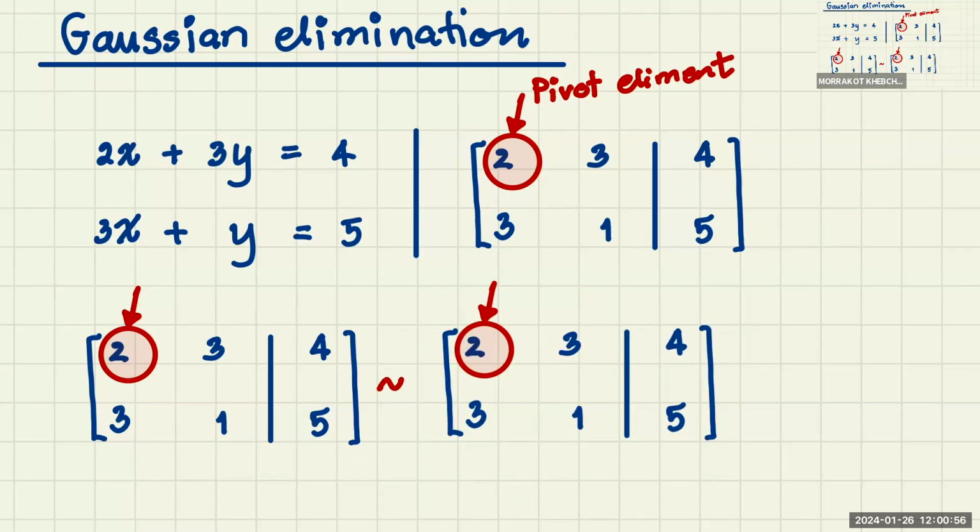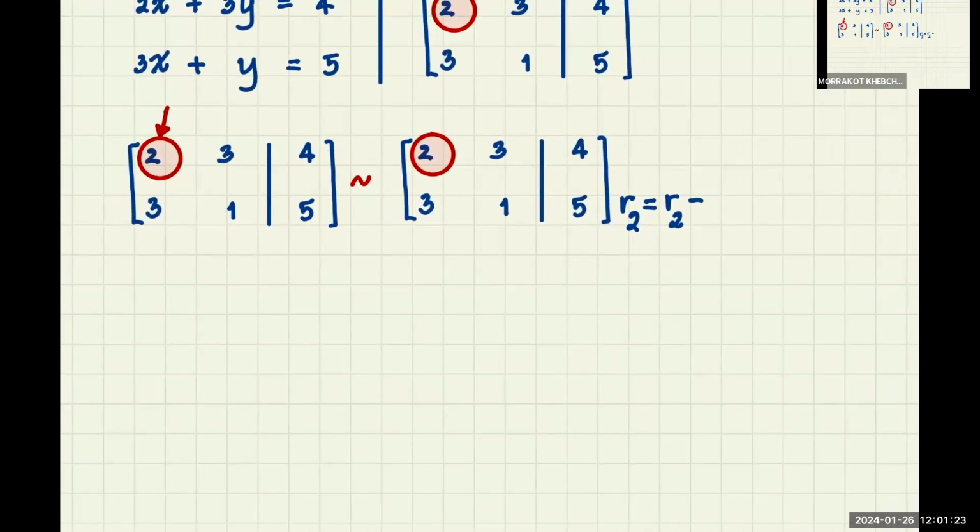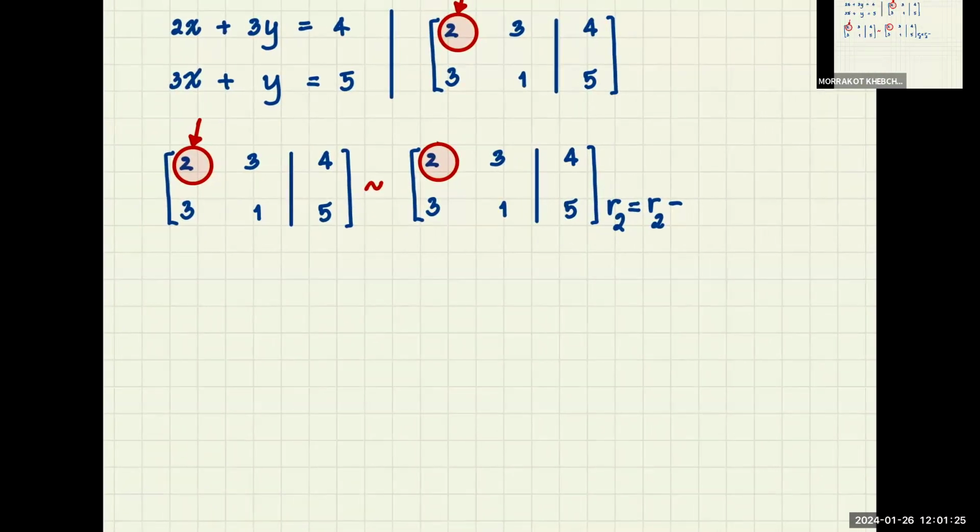I will take row number 2 replaced by row number 2 subtract by, I want to get rid of number 3, right? I will say whatever number 1, which is the pivot element.